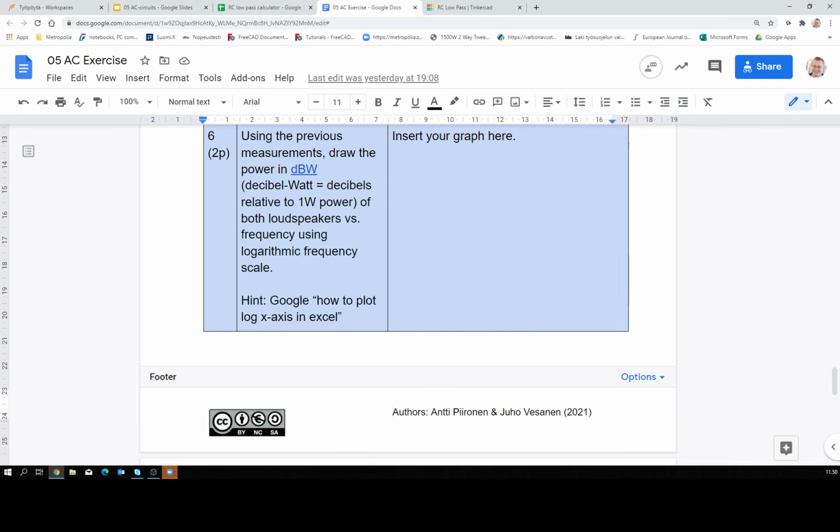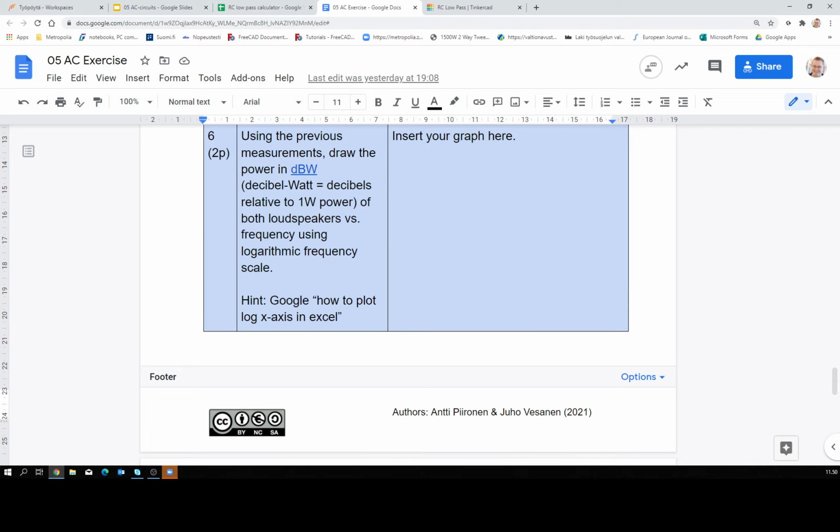If you want to know what the decibel watt is, basically it's decibels relative to 1 watt power. There's a Wikipedia link behind that one. There's a calculation formula. Decibels overall are always 10 times log base 10 of the power divided by the reference power.